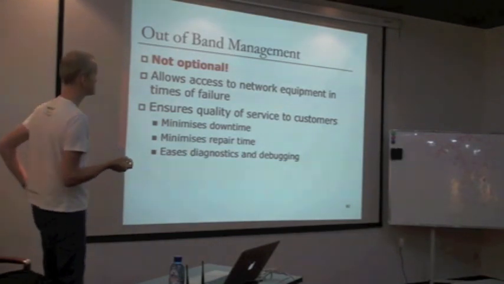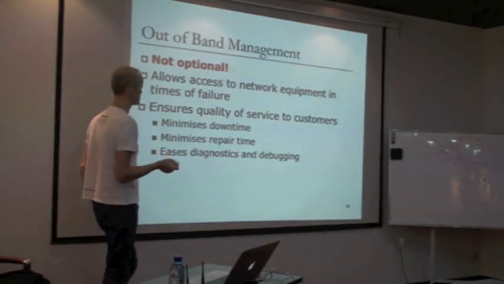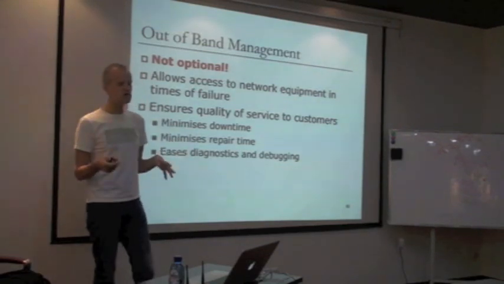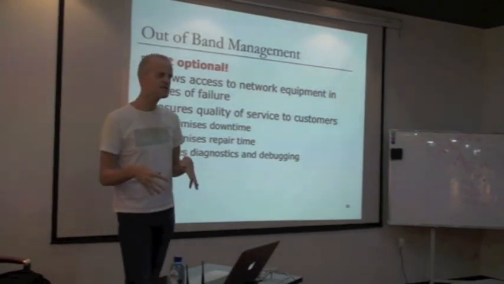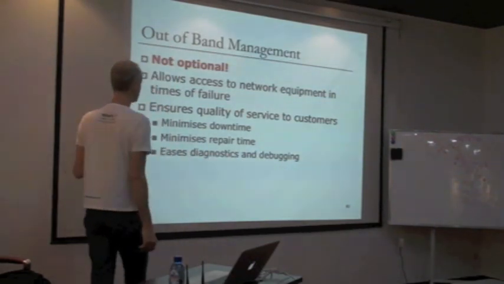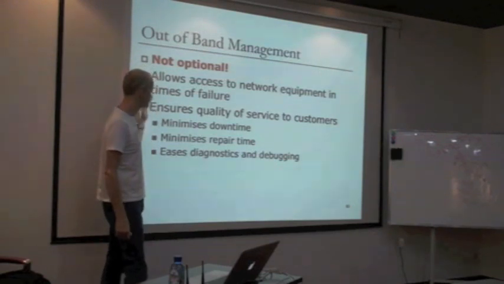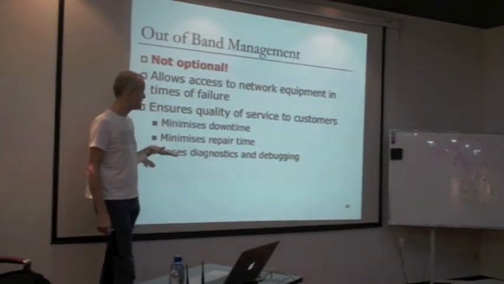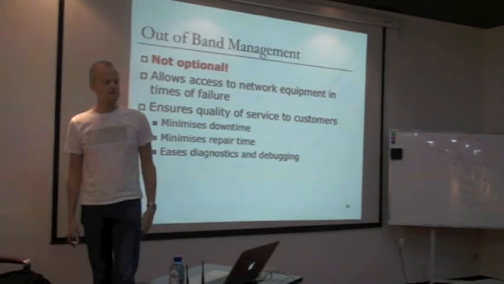That's what I mean by out-of-band management. You're not going across the network, you're going into the router console. But you're doing it from the comfort of your office, or home, or wherever you are. This ensures quality of service to customers, minimizes downtime, minimizes the repair time, and eases diagnostics and debugging.